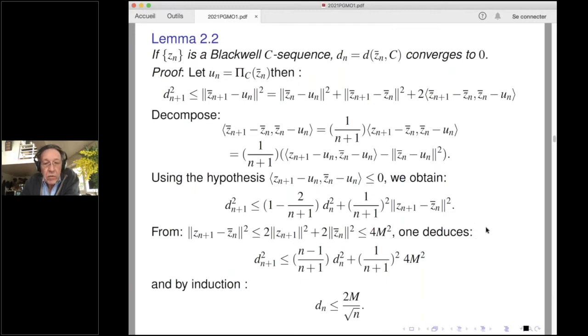I use now the fact that the sequence is bounded to deduce that d_{n+1} squared is smaller than this quantity here. And now by induction, this implies that d_n is smaller than 2M over the square root of n. So this sequence converges to 0.